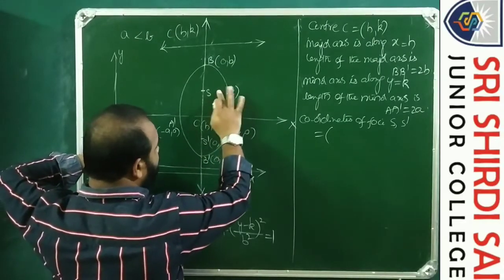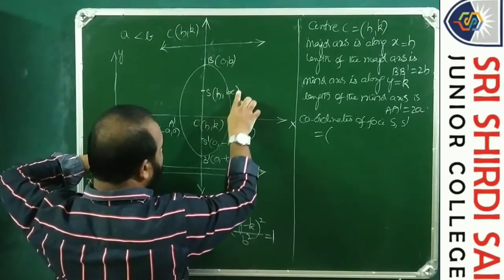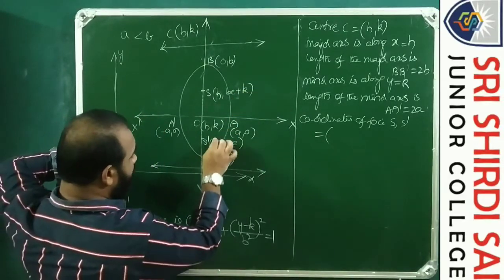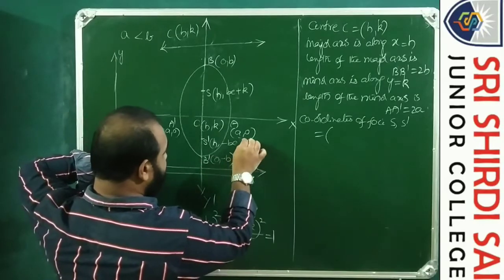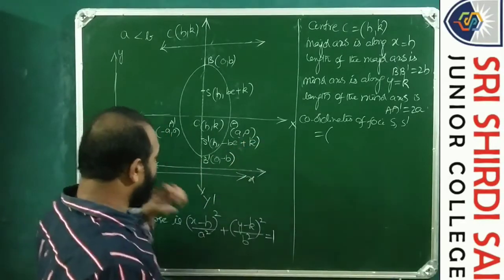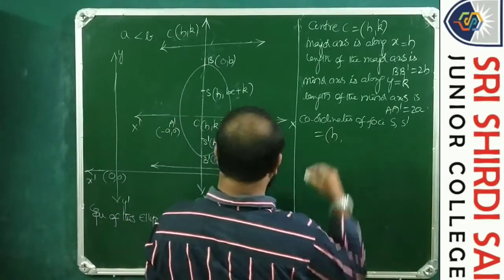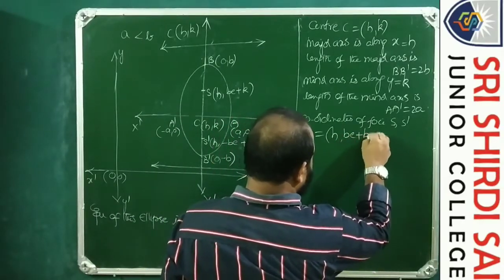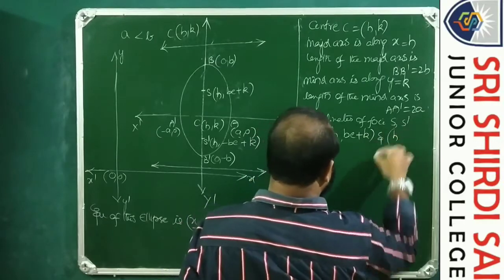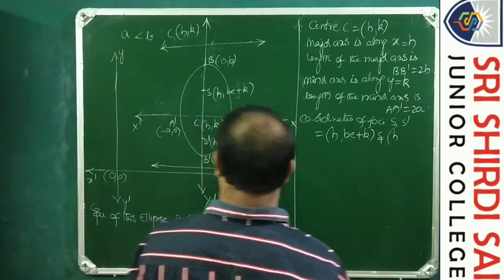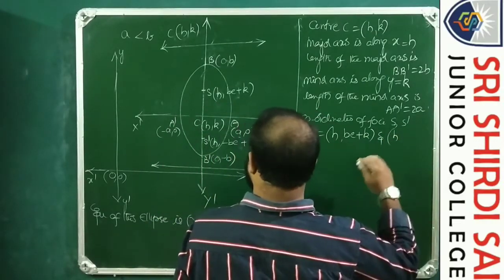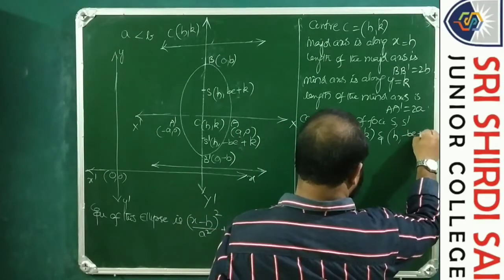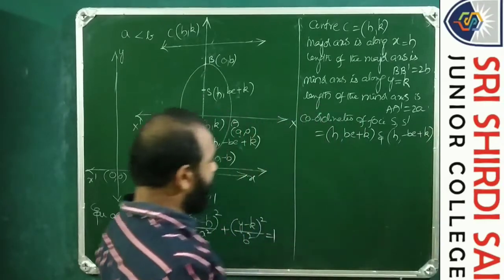That is, this is h comma be plus k and this is h comma minus be plus k. So the foci are (h, be plus k) and (h, minus be plus k).